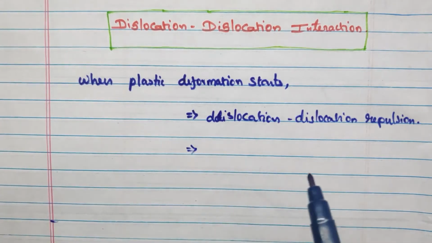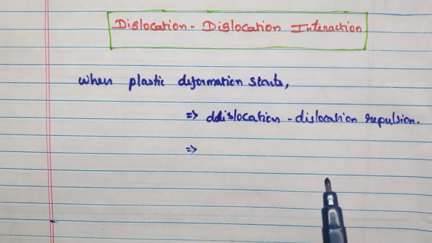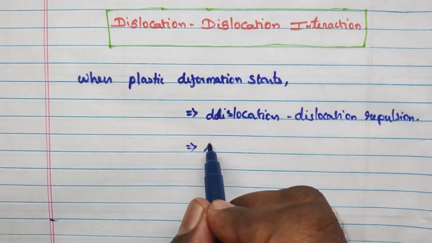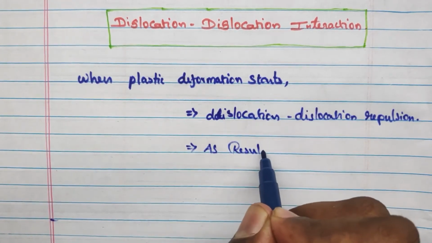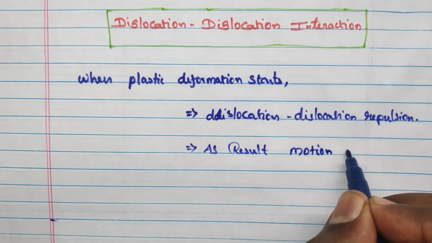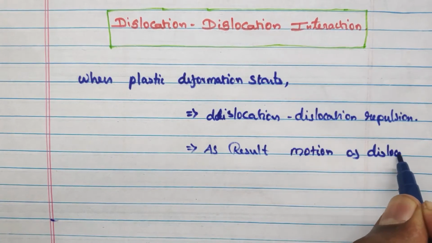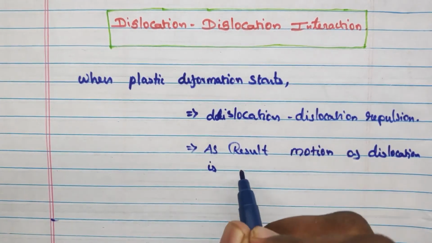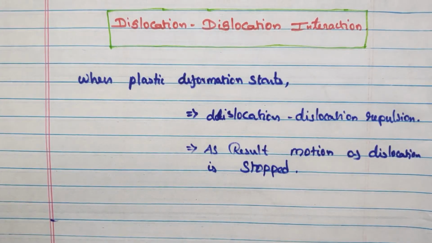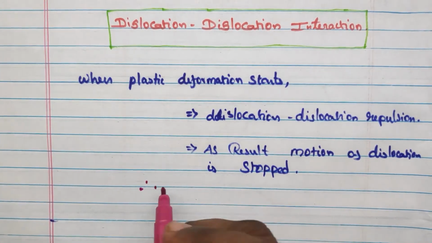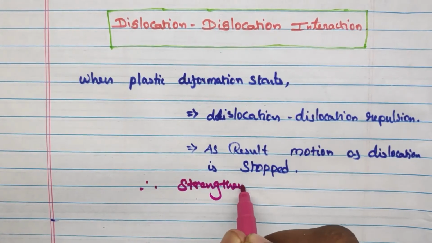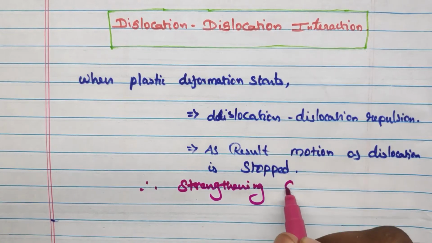Because of the repulsion, when each dislocation interferes with the others, there will be repulsion, and as a result, what is happening? Motion of dislocation is being stopped. Therefore I can say strengthening will occur. Strengthening occurs.